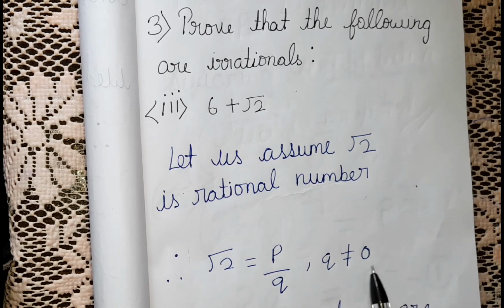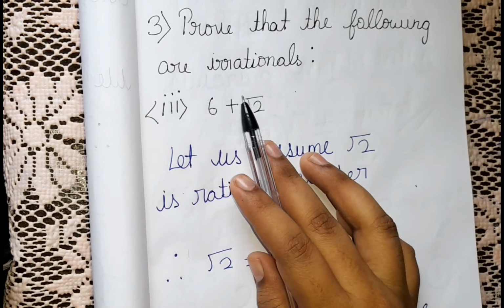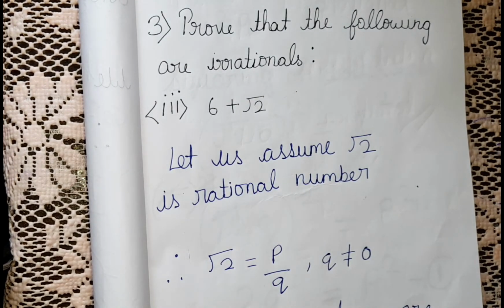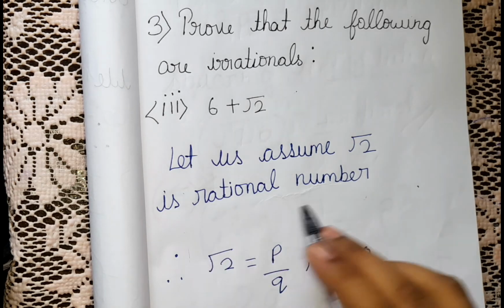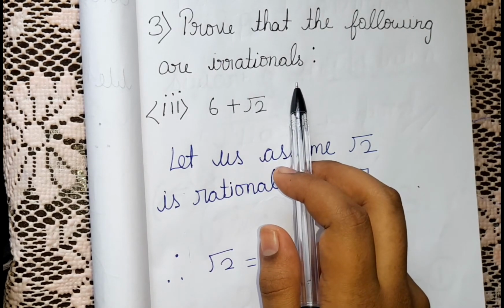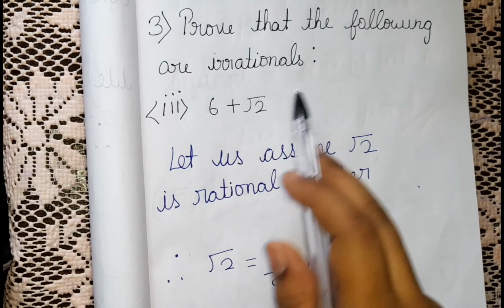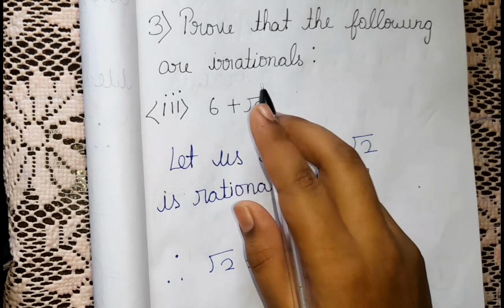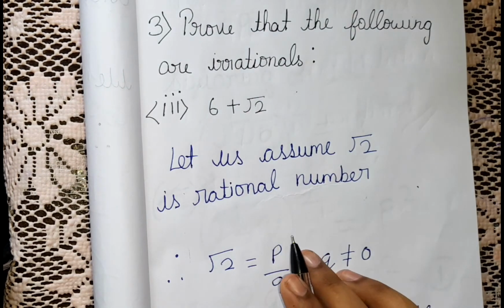So in order to prove that root 2 is irrational, we are supposed to write that it is a rational number. After solving and getting a proper answer, we write contradiction. That means the true statement is irrational, but instead of writing irrational we wrote rational, which is a false statement. So that is the meaning of contradiction: instead of writing the true statement, we wrote the false statement.